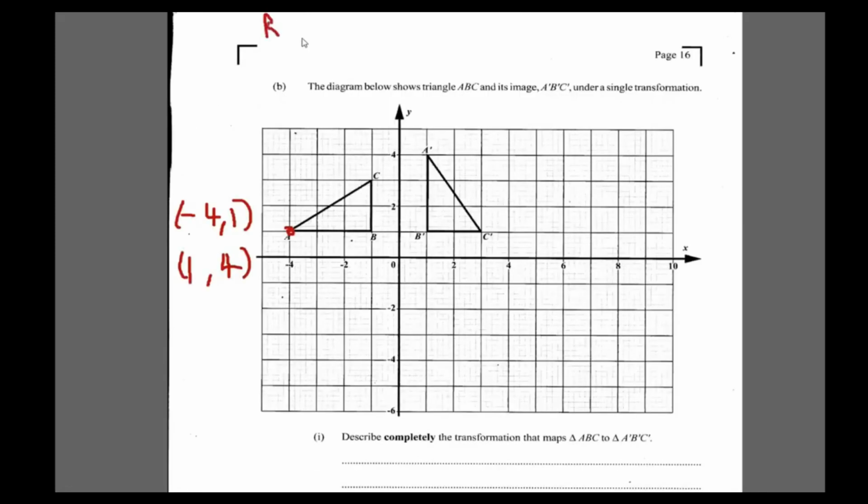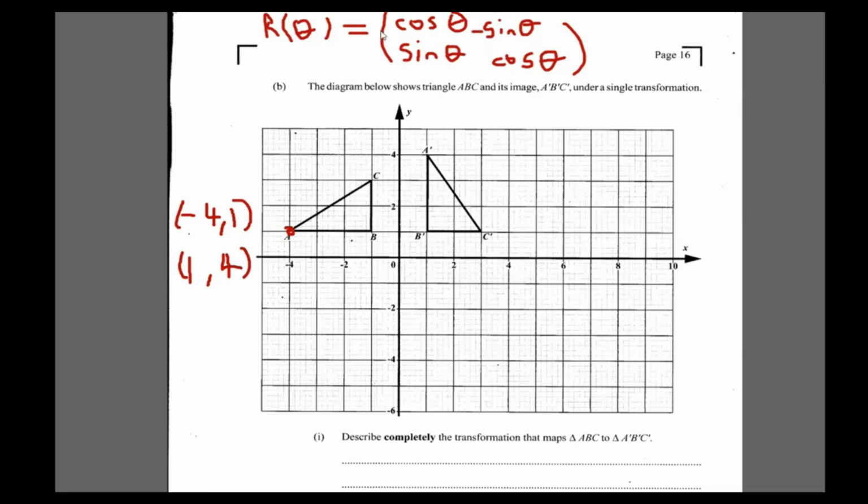The rotation matrix or the transformation matrix is given by R of theta, which is cos theta, minus sin theta, then sin theta, cos theta. This is a rotation matrix.